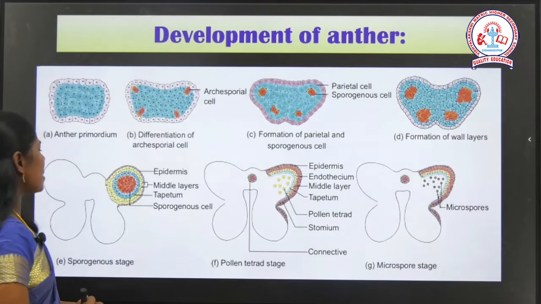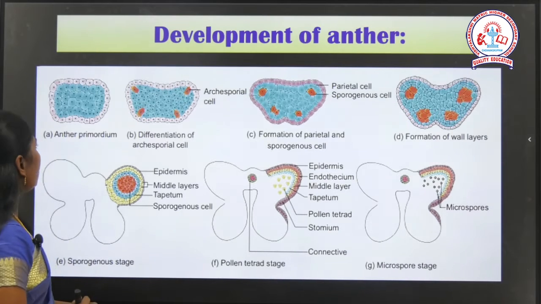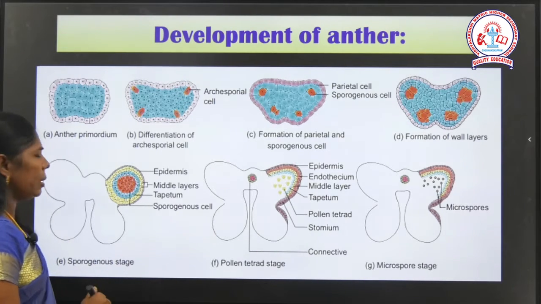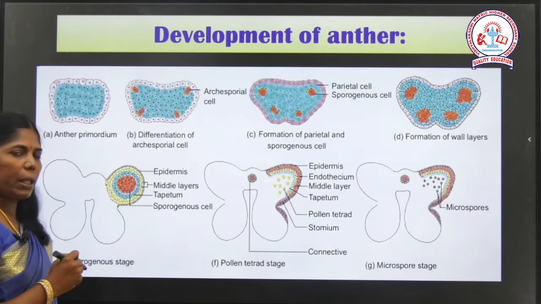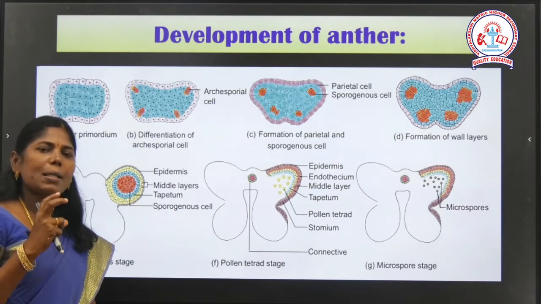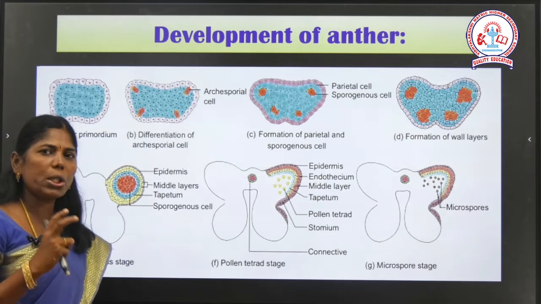The first one is the anther primordium. In the anther primordium we can see the early development of the anther, a homogeneous mass of cells.